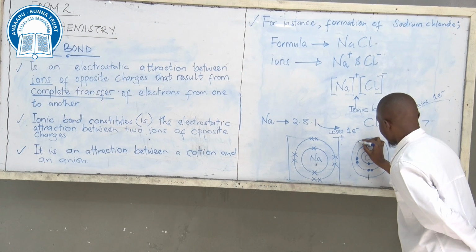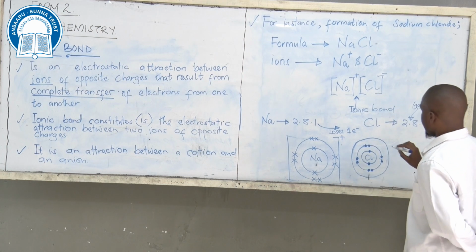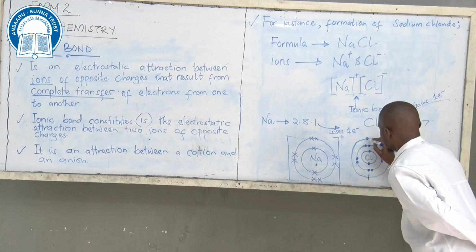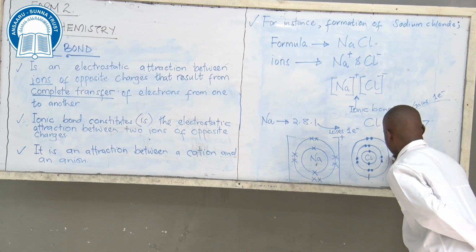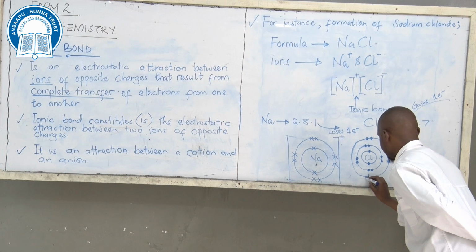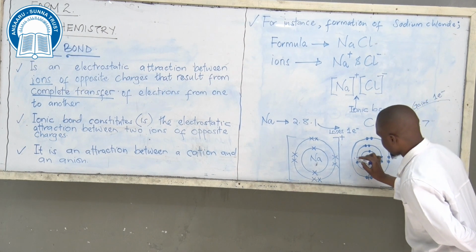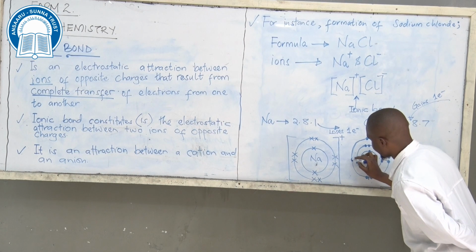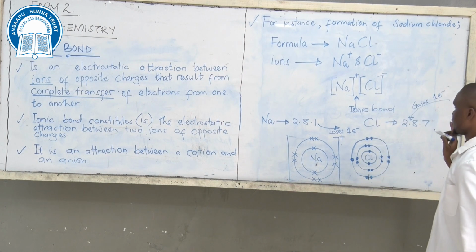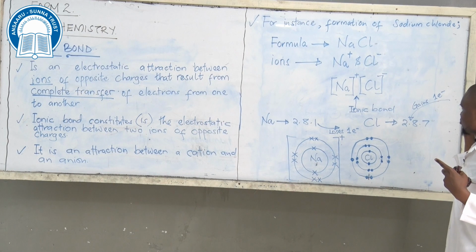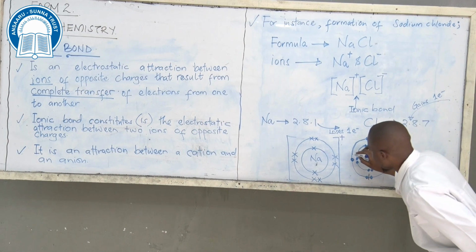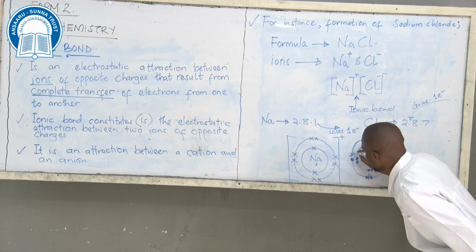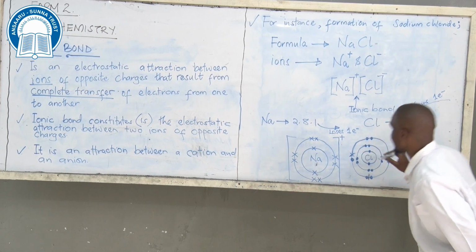The first thing we would do is show dot, dot, another dot there and another dot there. Remember there were 7, so look at this keenly, there were 7. But to show that chlorine has gained 1 electron, we would use an X, showing that this electron wasn't here before, it came about.